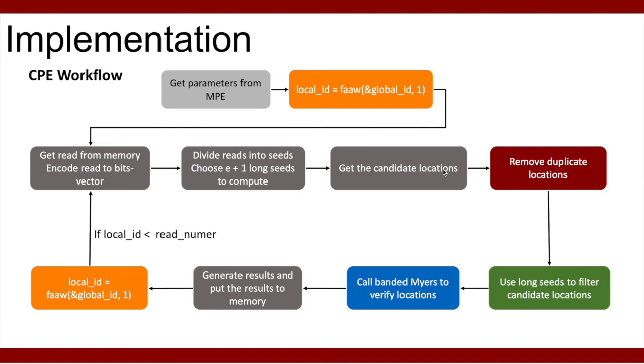We load the candidate locations from main memory and remove the duplicate locations. Then we get the sub-reference string from main memory. Then the banded Myers algorithm is used to calculate the edit distance between read and sub-reference. Finally, the results are compressed into gzip format and written to the file system.